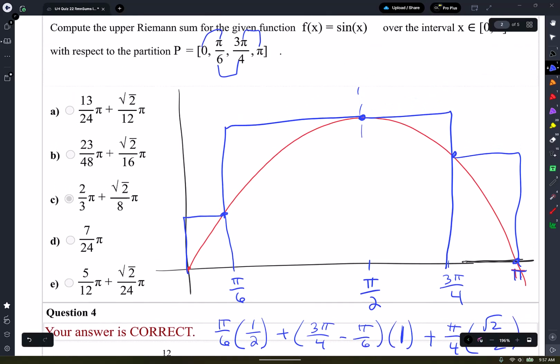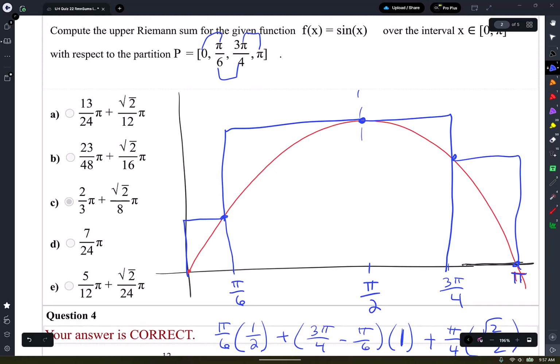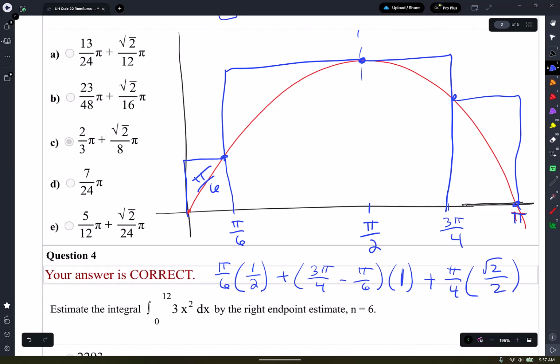All right, so let's see what that is. Pi over 6 times a half is pi over 6. So I'm going to put pi over 6 right here. I'm going to find a common denominator here. Let's see, what's 4, 8, 12? So 12 times 3 over 3 times 2 over 2. You find the difference between 3 pi over 4 and pi over 6. Yes. But then you find the y value of pi over 6, that's the height value.